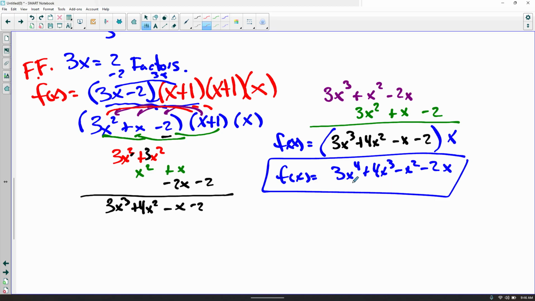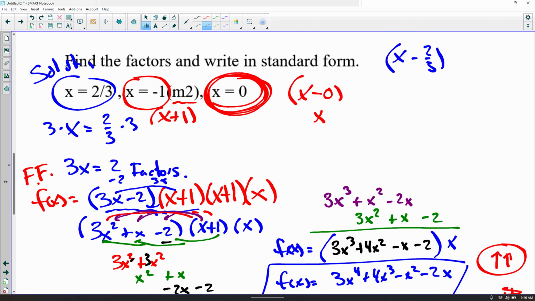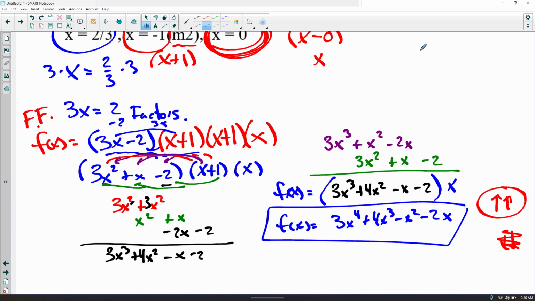In quartics, remember, when we're talking about a quartic, it's either going to go up, up, or down, down. And since this leading coefficient is positive, it will go up, up. So we know that. The other thing we know is all my intercepts. We know all our solutions are right here. So we could end up graphing this. We know at -1, it's going to bounce at this one.